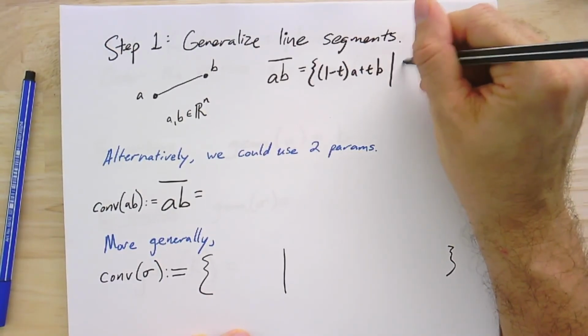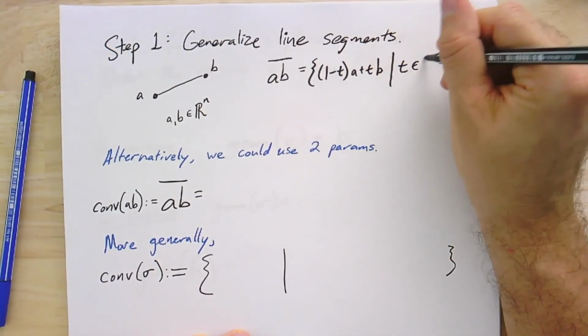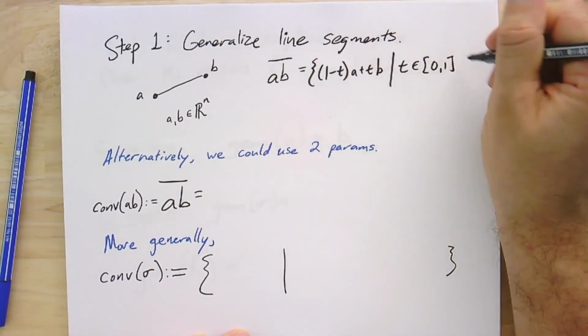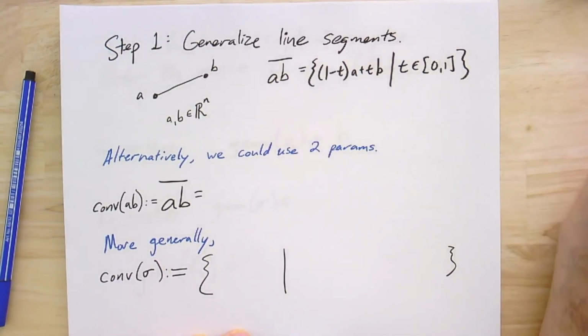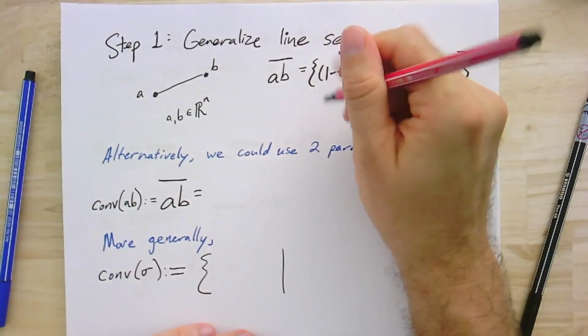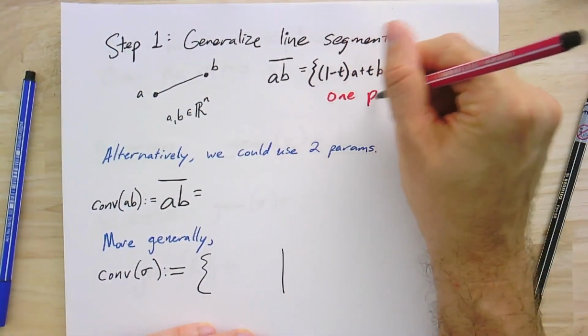And that's for all t in the range from 0 to 1. This is how you parameterize a line segment. So that's key here. This is the one parameter version.